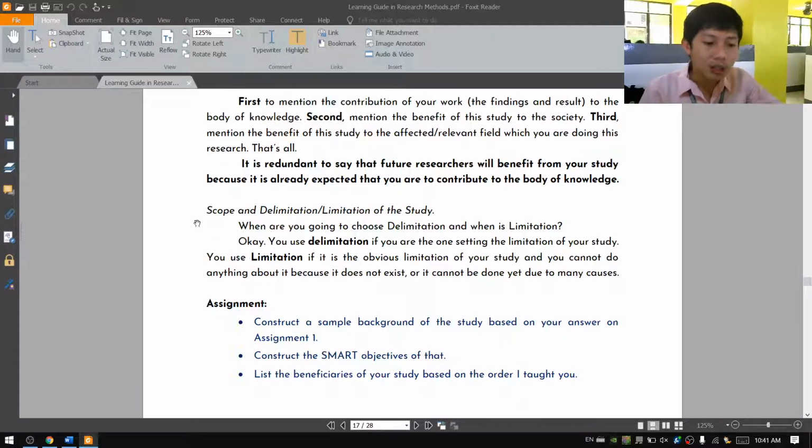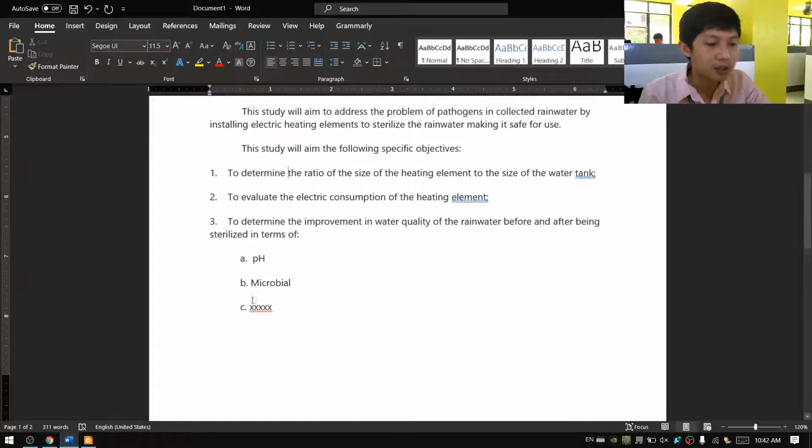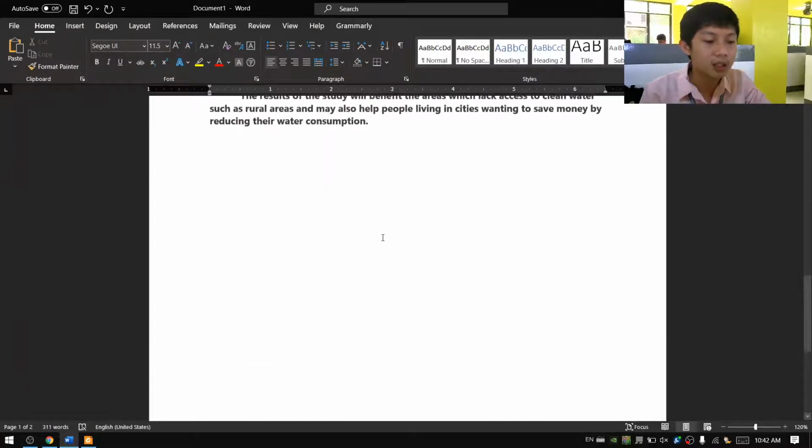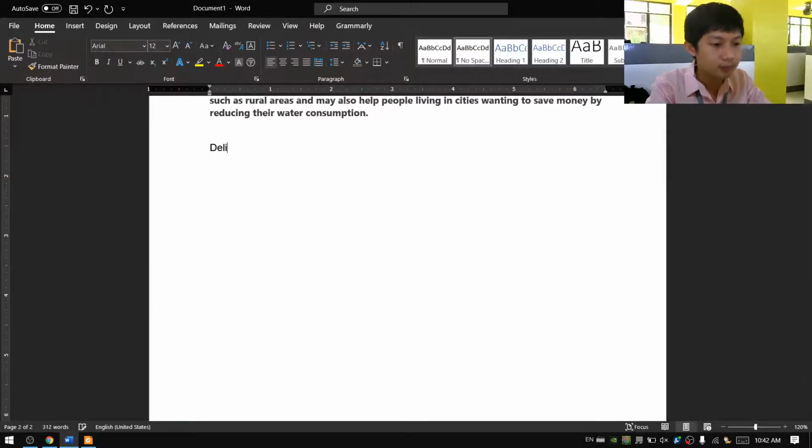And okay, the difference between delimitation and limitation is this. You use delimitation if you are setting the limitation. So, for example, in the water catchment basin, you are going to make a delimitation. What's going to be the delimitation? So you are setting the limitation itself.